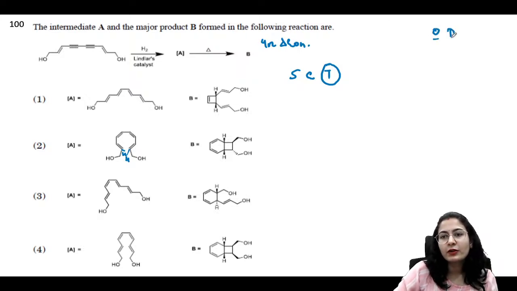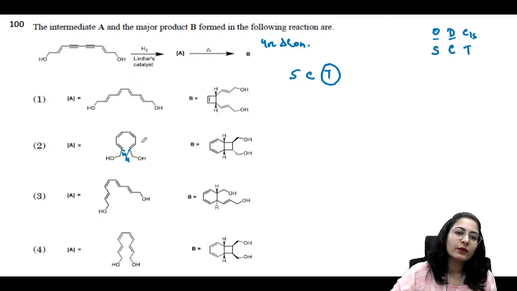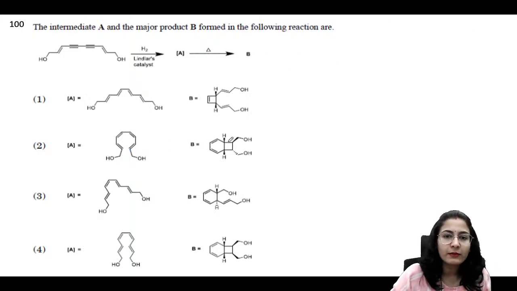Opposite disrotatory is going to be cis, ODC, and same side and conrotatory will give you trans. Okay, so ये यहाँ पे both the hydrogens are basically opposite, so conrotatory motion is going to give you a stereochemistry like this.